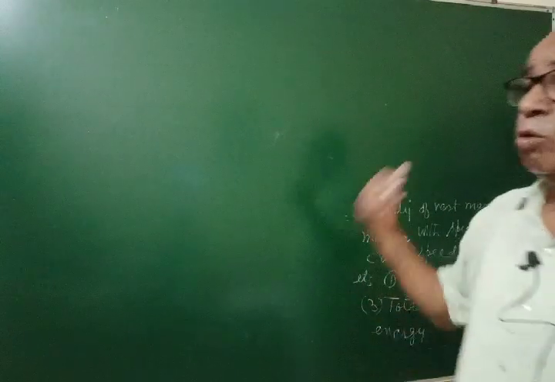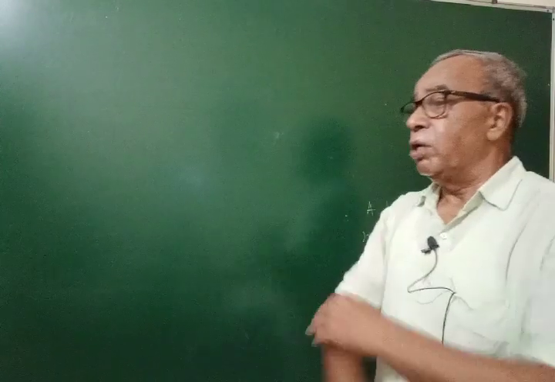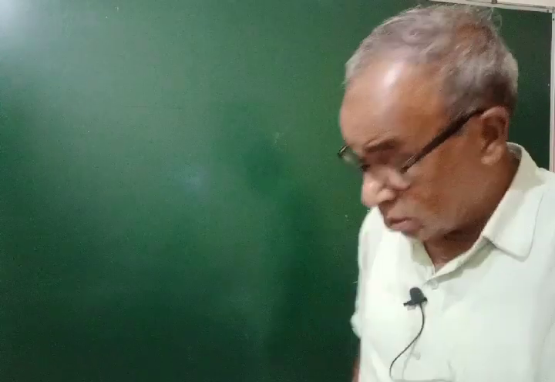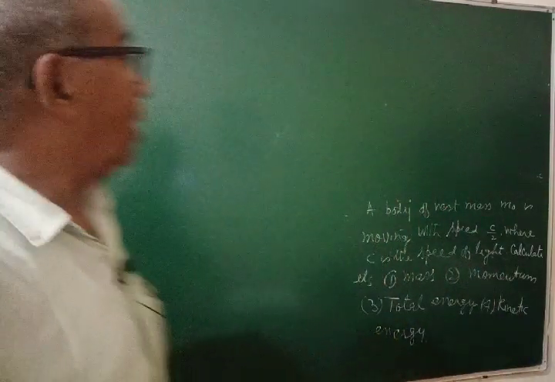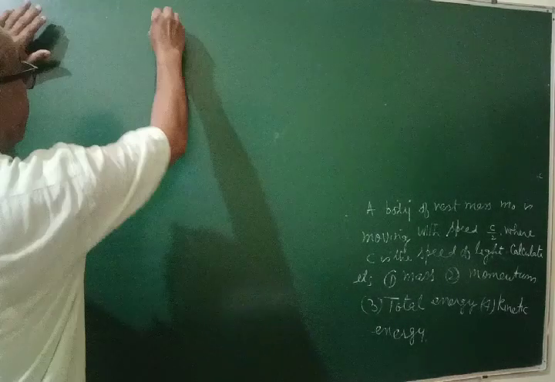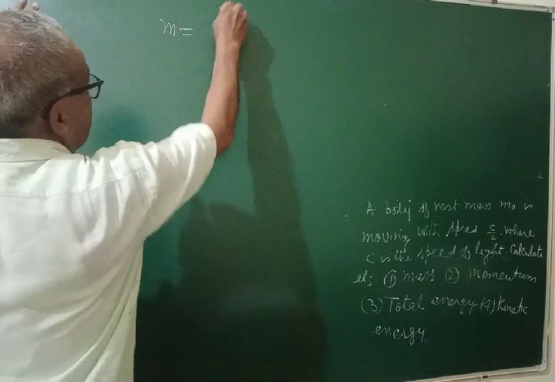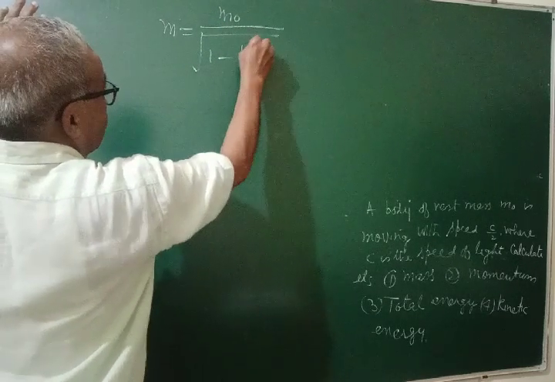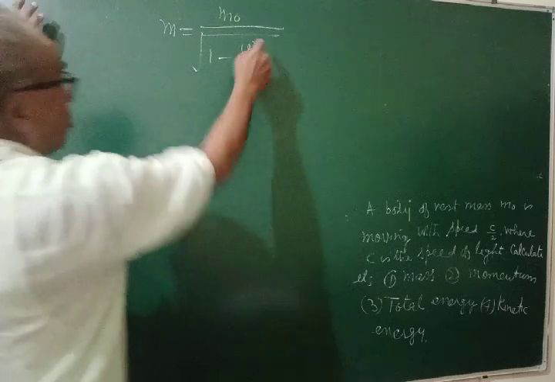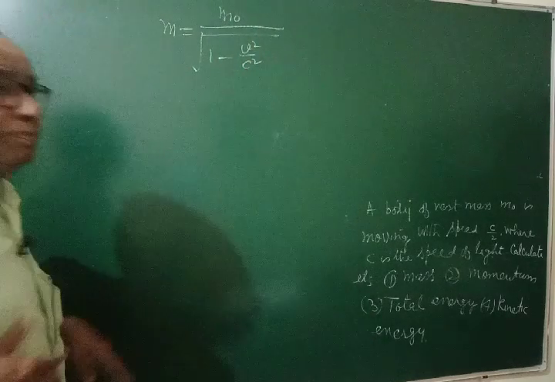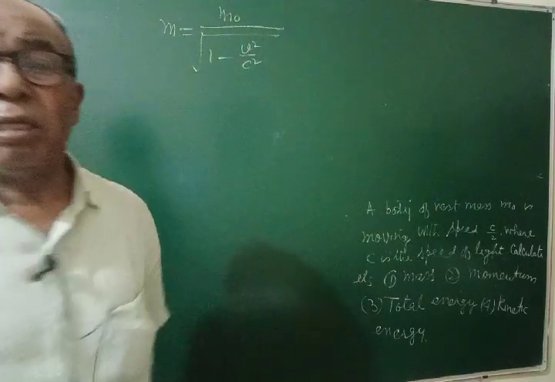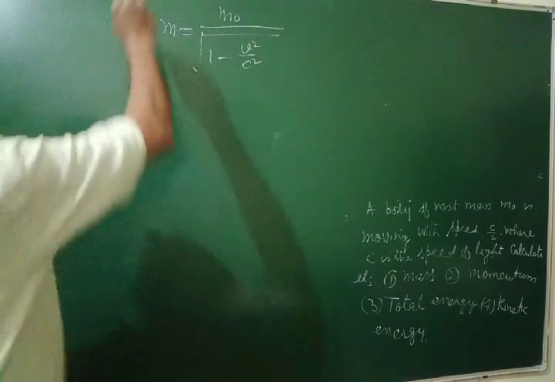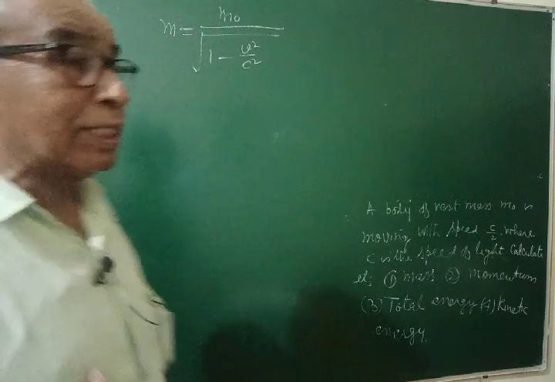When a body is in motion, its mass is slightly or maybe much more than the rest mass, depending upon speed. And the moving mass is m equals m0 upon under root 1 minus v square upon c square, where v is the speed of the object and c is the speed of light. This is Einstein's relativistic mass correction.